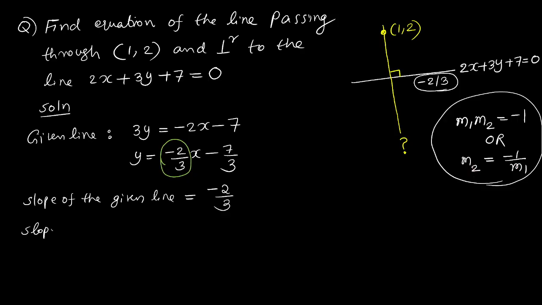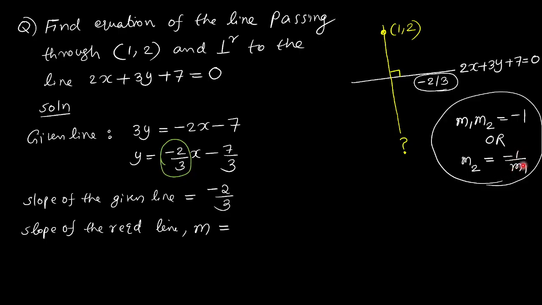So the slope of the required line, let me denote it by some letter m. You can use any letter, m1 or m2, whatever. Slope of the required line is, what is the formula? Minus 1 by m1, because perpendicular.